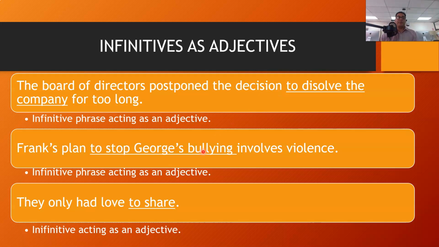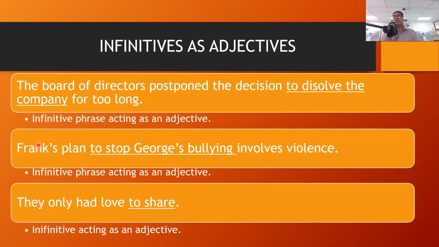Check next example. Frank's plan to stop George's bullying involves violence. Now I ask you, can Frank have multiple plans? Or can we have different plans? I think so, right?